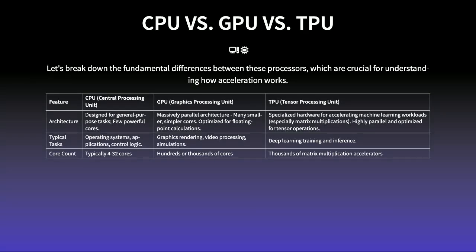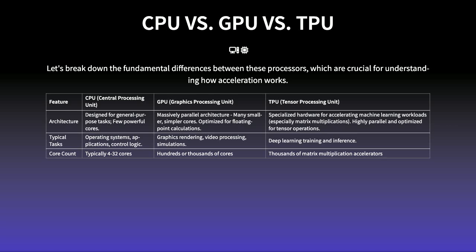Okay, let's talk about the differences between these processors. Your standard CPU is like a really skilled generalist. It can handle almost anything you throw at it. It has just a few powerful cores and is built for running your operating system and everyday apps. Next up, we have the GPU, which was originally designed for graphics processing but has become incredibly versatile.